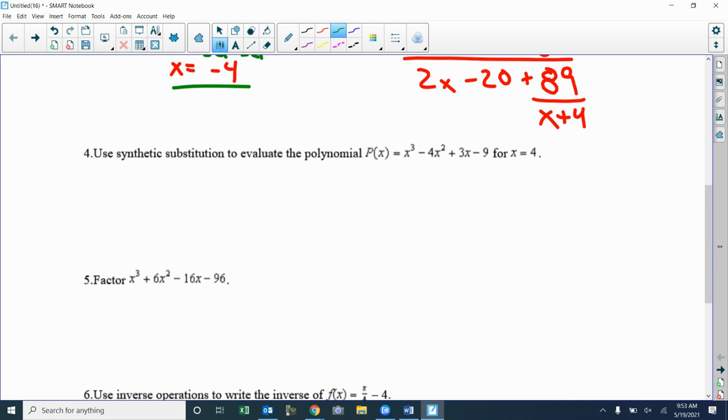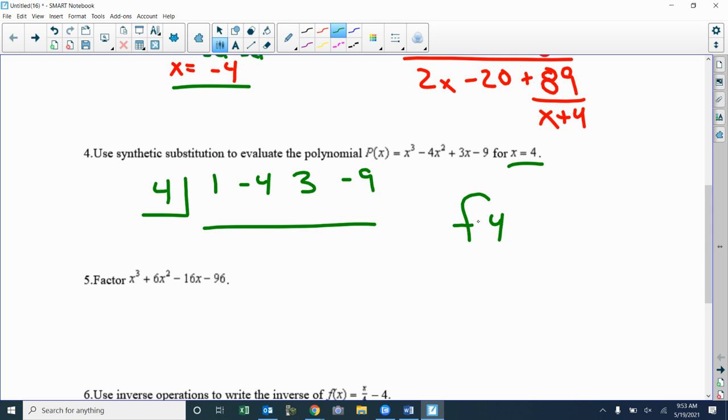Synthetic substitution, we've already solved here, so 4 is in the box. Lead coefficients, I go down in order there, so it'd be 1, -4, 3, and -9. Here we're just trying to find what f of 4 is equal to. Same process, 1 times 4 would be 4, that gives me 0. 0 times anything is 0.